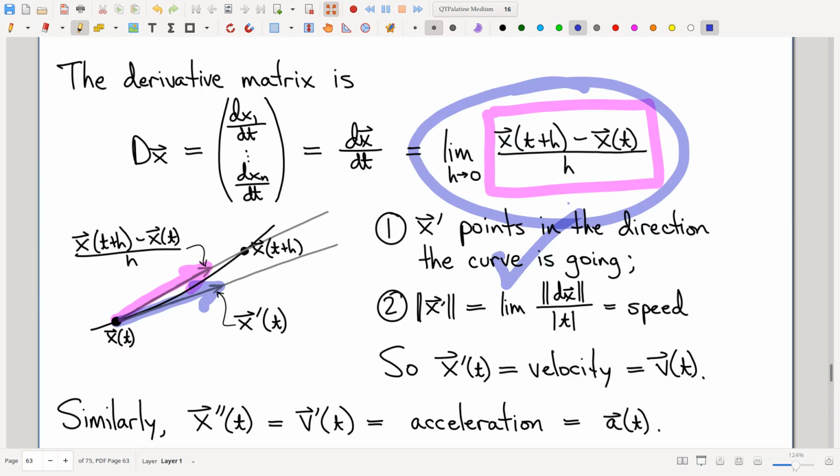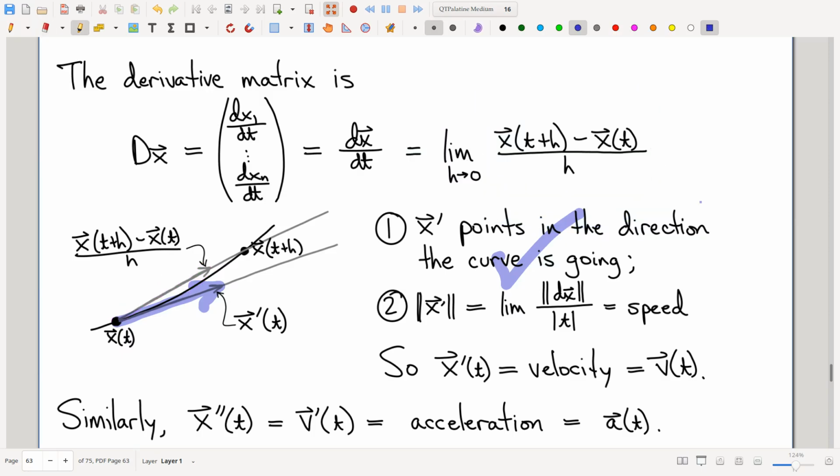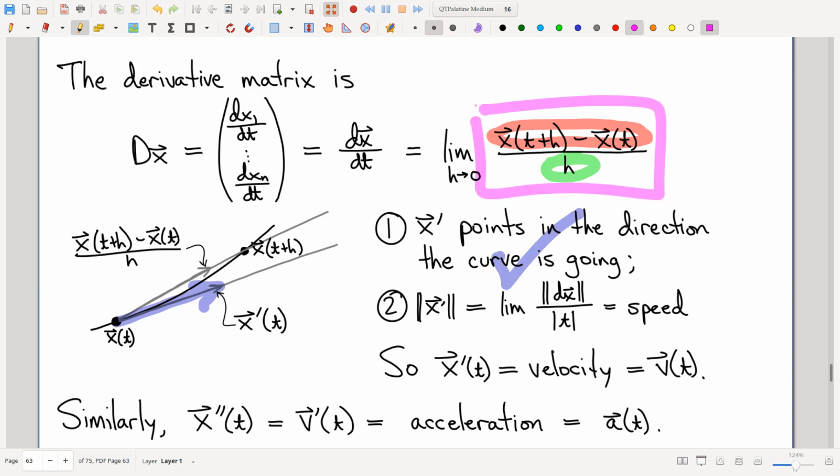Okay, so we have ourselves a vector pointing in the direction of motion, and I'm also going to point out, if you think about the magnitude of that: the numerator is a distance, and the denominator represents an amount of time. So this is distance per unit time. As far as magnitude is concerned, that's distance per unit time, and that is speed.